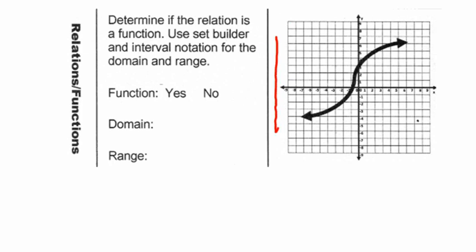If you create a vertical line like I did here, and you move it, you see that this vertical line touches only once. So yes, this represents a function. Okay, and we could say rationale: passes the VLT, vertical line test.